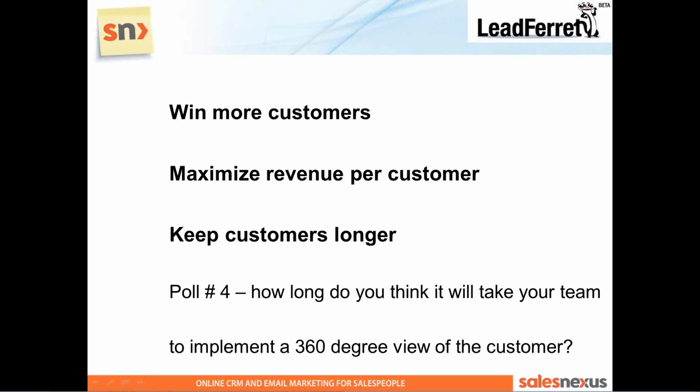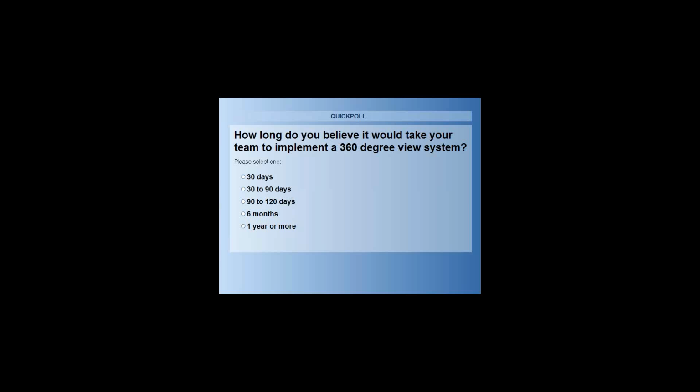Okay, so last poll, and I'll remember to turn this one off when we're done. How long do you think it will take your team to implement a 360-degree view of the customer?